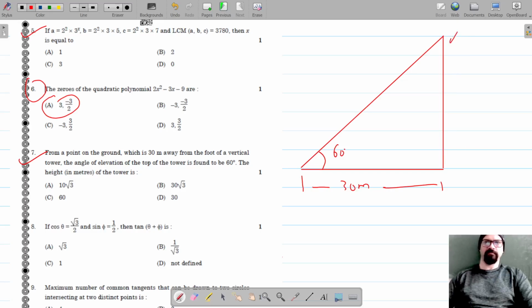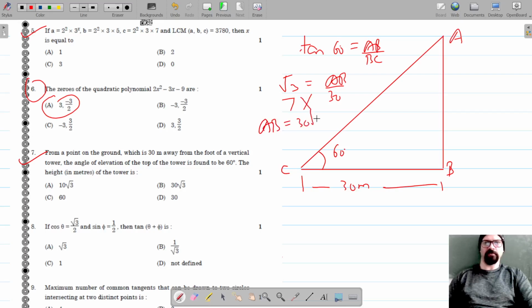We have to find the height of the tower, so we can use the tan ratio. tan 60 is equal to AB by BC, and tan 60 is root 3. AB is not known, BC is 30. If we cross multiply this, AB is equal to 30 root 3 meter. So the option is option B.